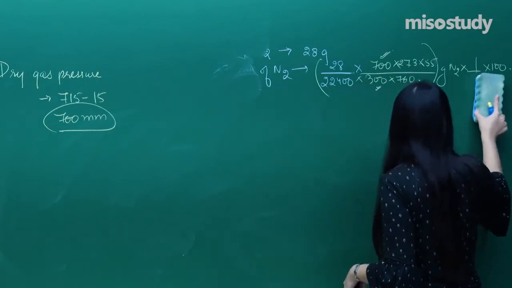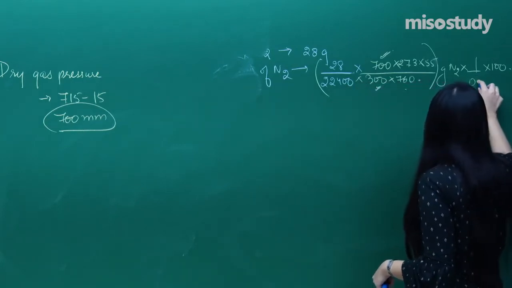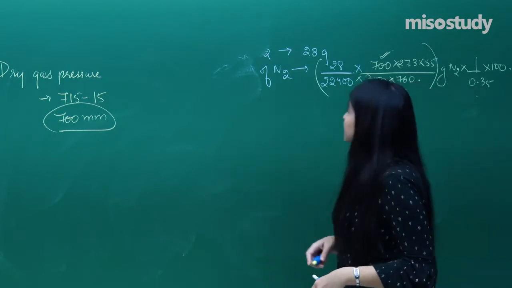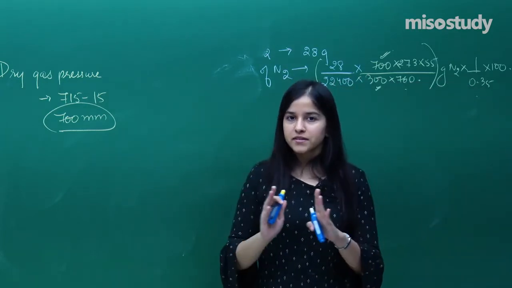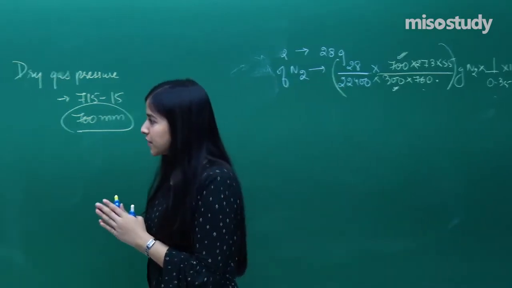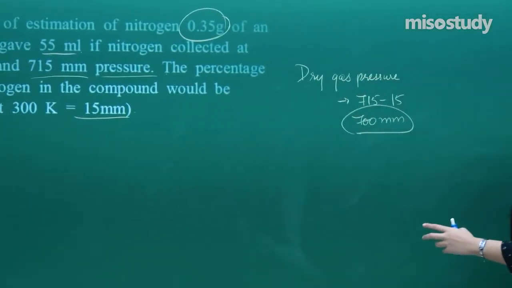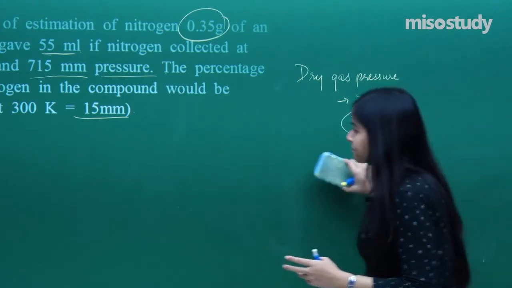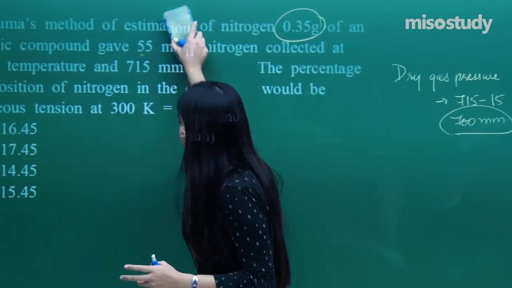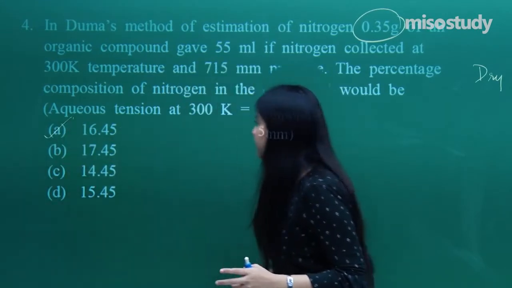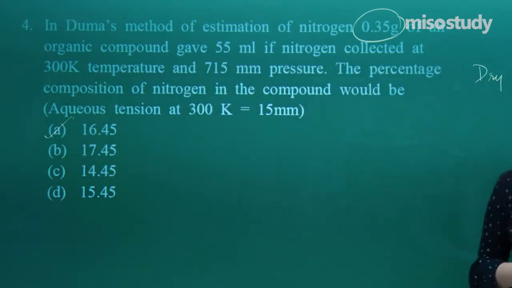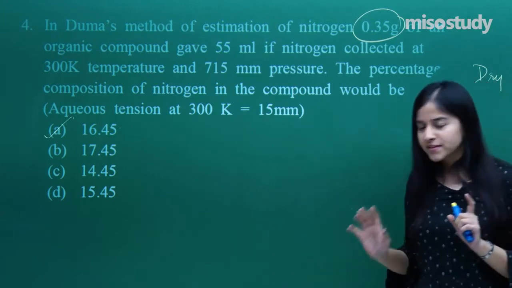It's given this time, and that's it. You just need to perform the calculations and you get the answer. So here the answer will come out to be 16.45. So that is what you need to get, right?